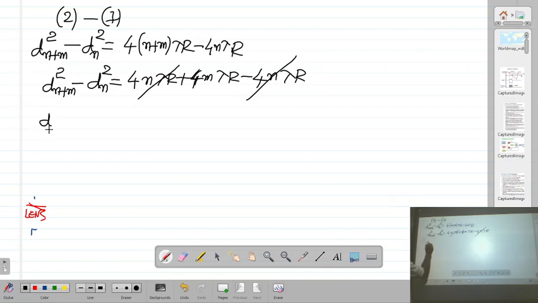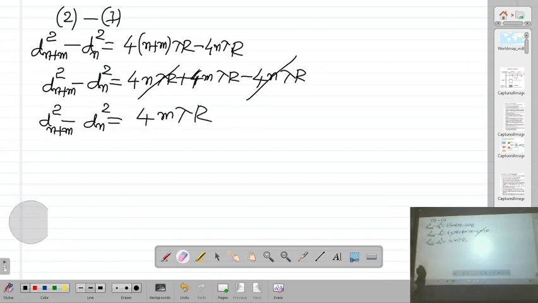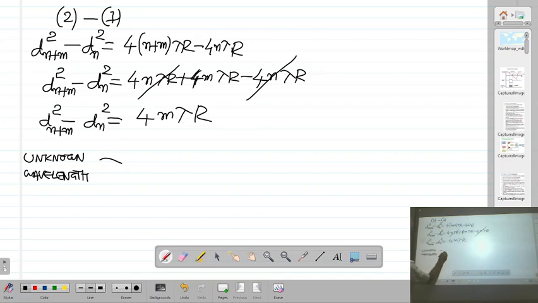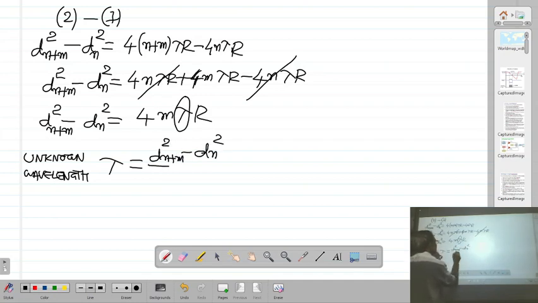So dn plus m square minus dn square is equal to 4m lambda. From this equation, you can find the unknown wavelength of light. The unknown wavelength of light, lambda, is dn plus m whole square minus dn square upon 4m.